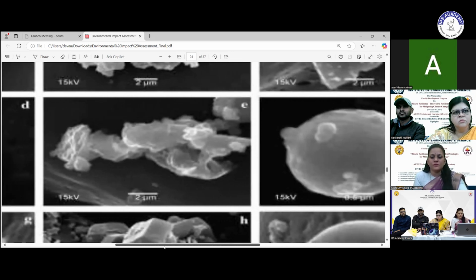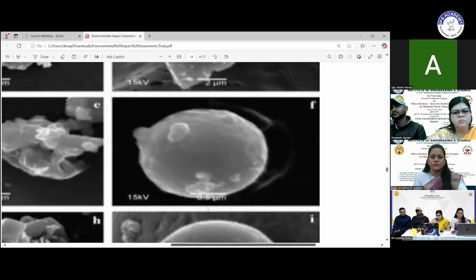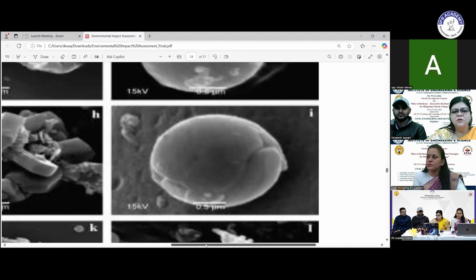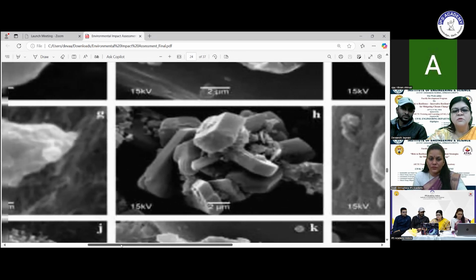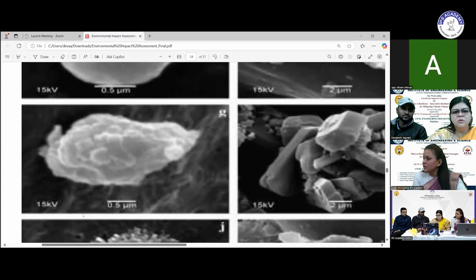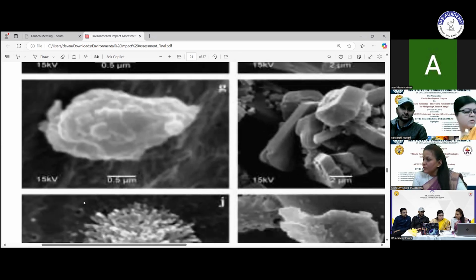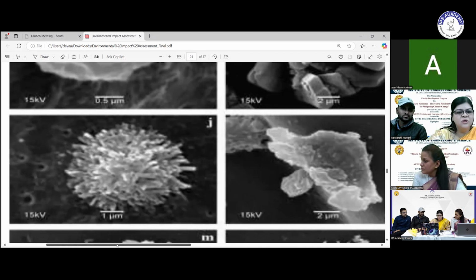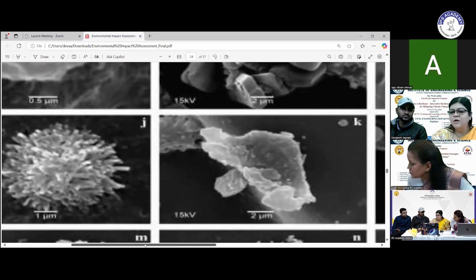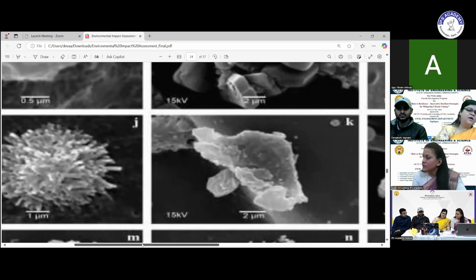They can focus on all these tools: health impact assessment, then HYSPLIT back trajectory, then morphological property. It requires a scanning electron microscope, and with the help of the aerosol filter paper we can perform the same analysis and differentiate the pollution sources also.